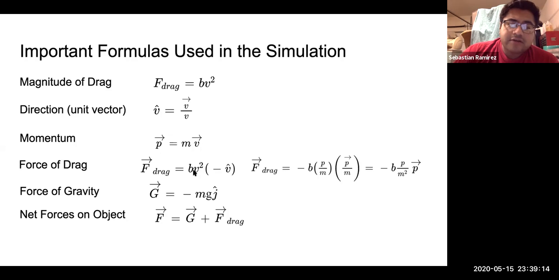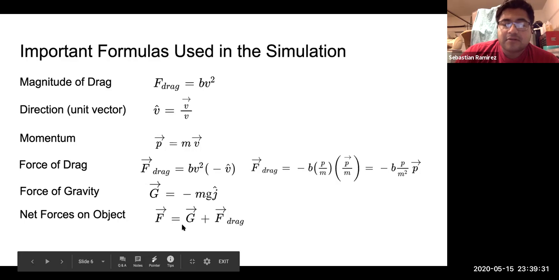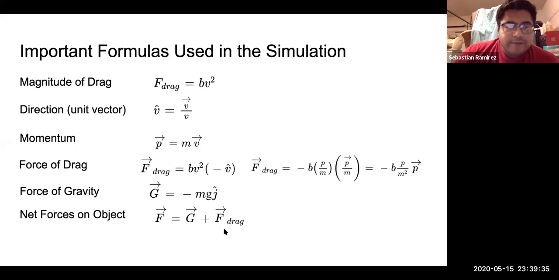The force of drag is the drag constant times velocity squared times the opposite of the unit vector. The force of gravity is the negative of mass times gravity times the j hat. The net force on an object is gravity plus the force of drag.